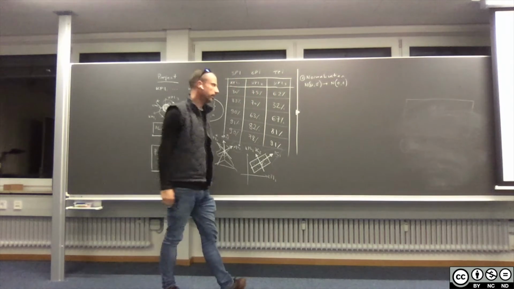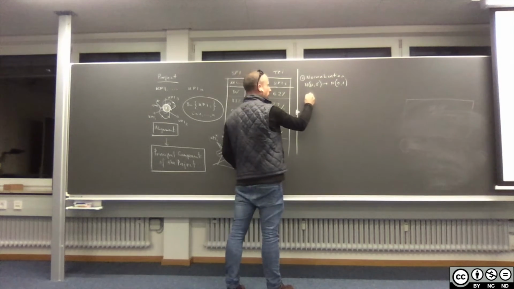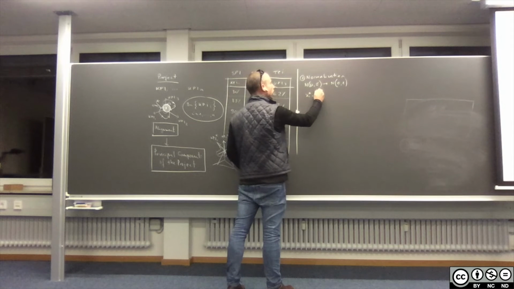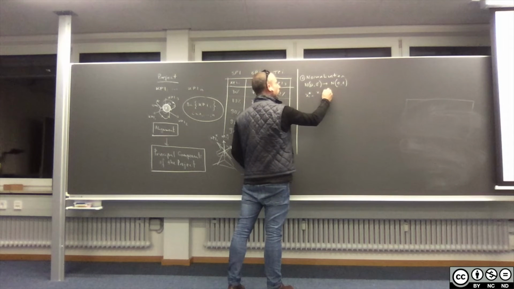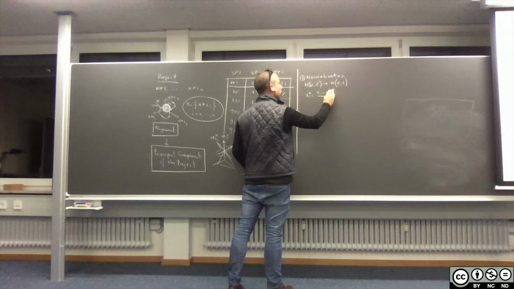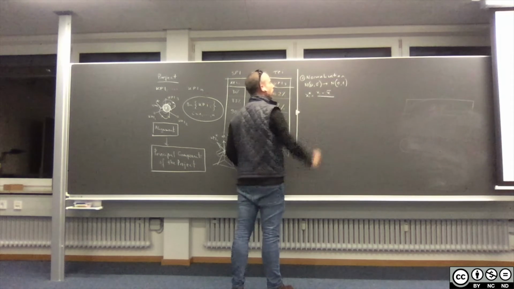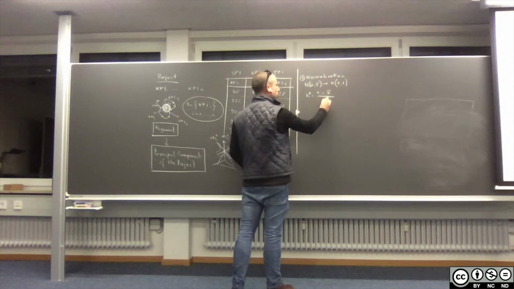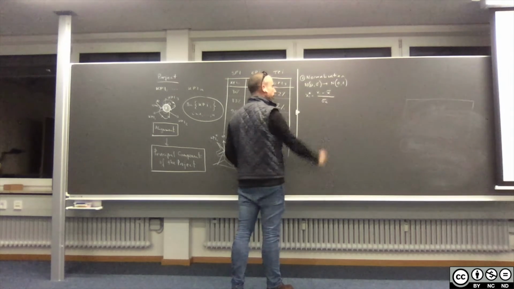How do we do this? It's easy. x minus the mean value, divided by the standard deviation of x.